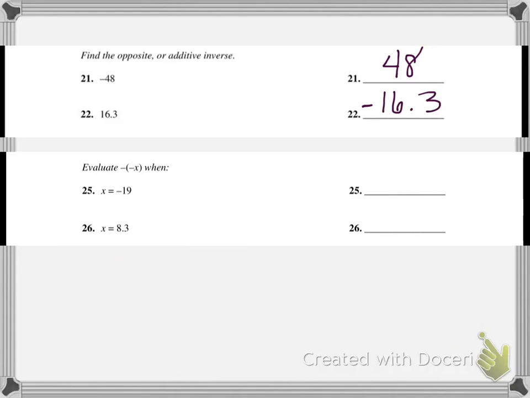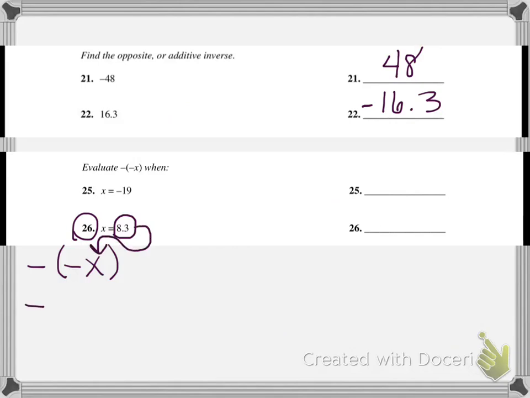Evaluate negative of the negative x when... Okay, so this can be kind of tricky. I'm actually going to do 26 first. So if x is 8.3, and I want to find the negative x, I'm going to substitute it in right there.